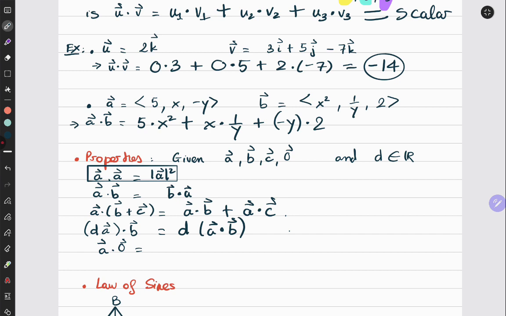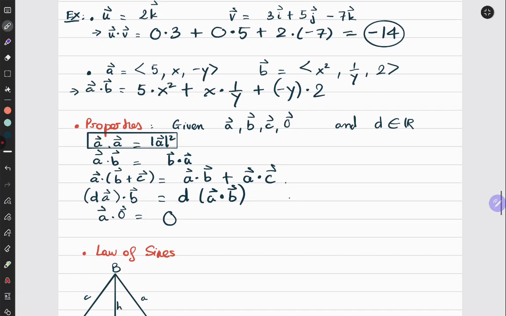What kind of 0 are we talking about? A scalar. Should I put an arrow in here or no? No, scalar. A dot between two vectors gives you a scalar.